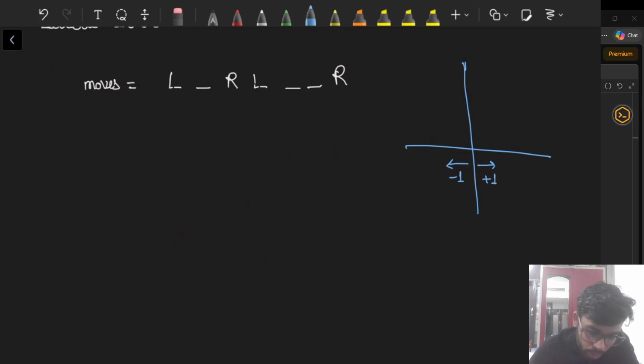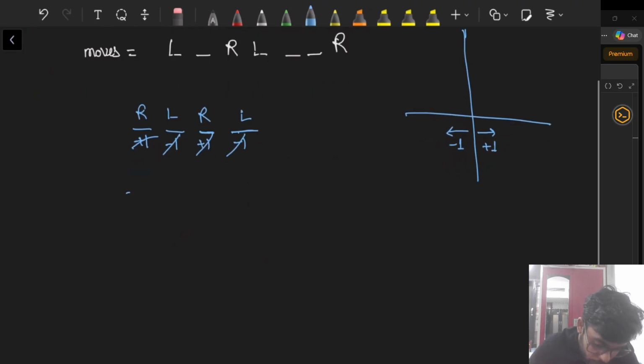For example, I have four places and I have R, L, R, L. If the number of L and R's are equal, then the distance will be zero, because this will be plus one, this will be minus one, this will be plus one, and this will be minus one. So they will get nullified.